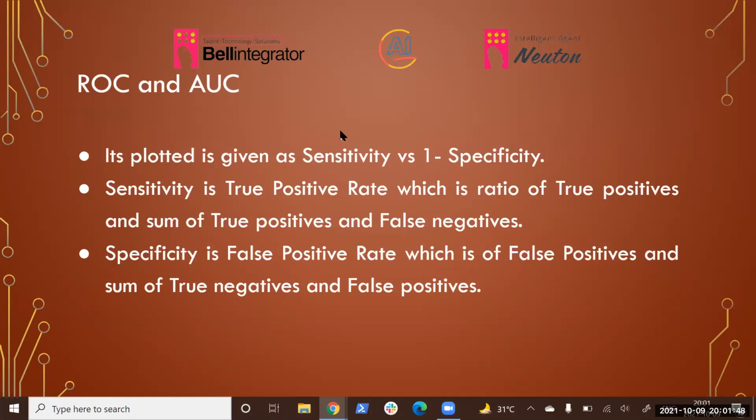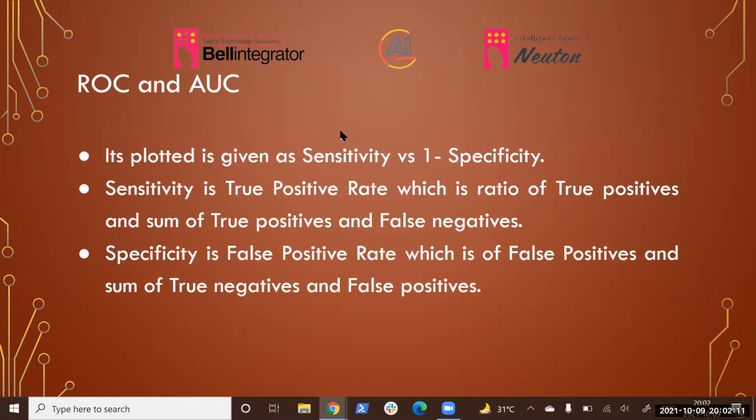And then we have specificity, which is related to the false positive rate, calculated from the ratio of true negatives to the sum of true negatives and false positives. It's quite heavy, like you don't understand anything right now.